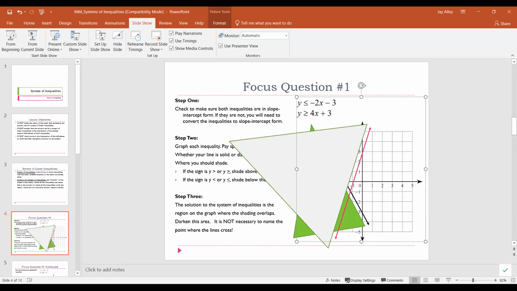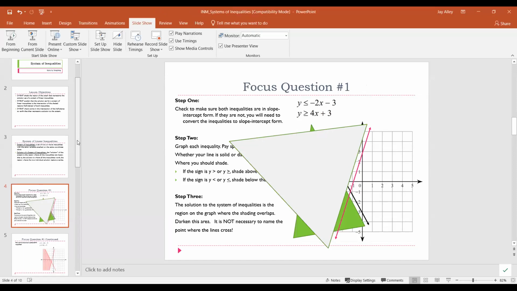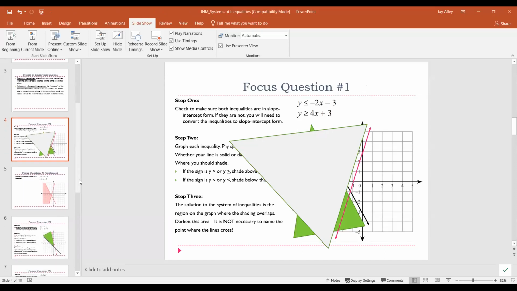Did I do something wrong? Well, the reason I'm stumbling is because this first one is true, where is it? 0 less than or equal to -3? No, I'm having brain fade this afternoon. Neither one of these is true, so it can't be part of the solution area. 0, 0. I didn't do that on purpose. That's just the way it worked out.